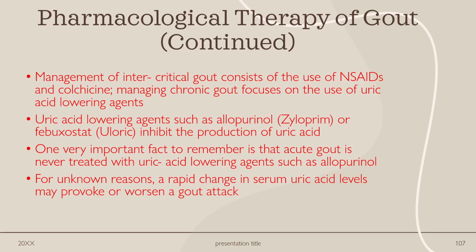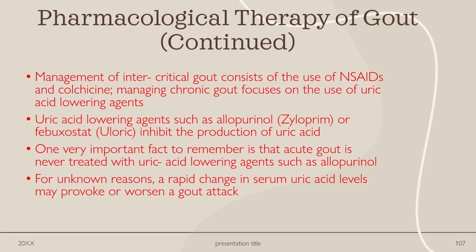Pharmacological therapy of gout, management of intercritical gout will consist of the use of NSAIDs and colchicine. Managing chronic gout will focus on the use of uric acid lowering agents. Now, uric acid lowering agents such as allopurinol, or Xyloprim, or Uloric will inhibit the production of uric acid.